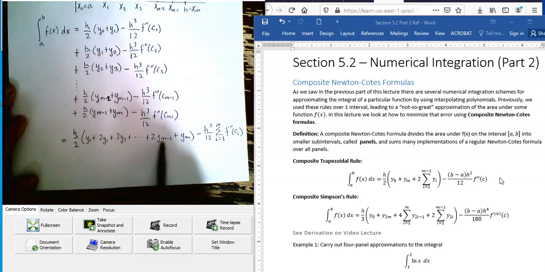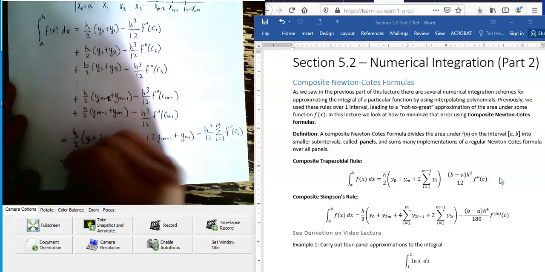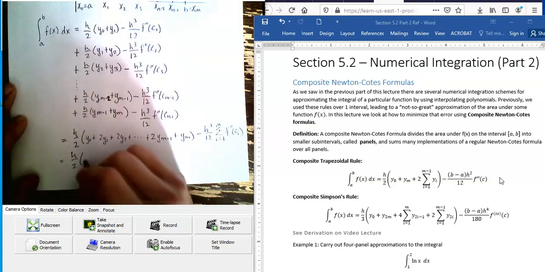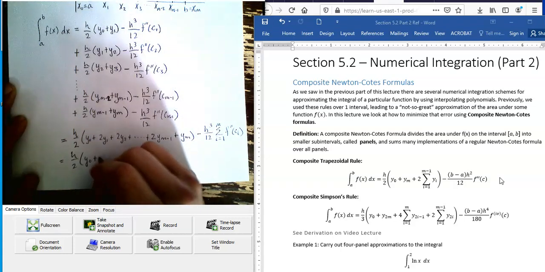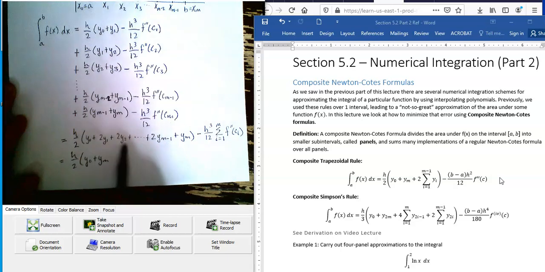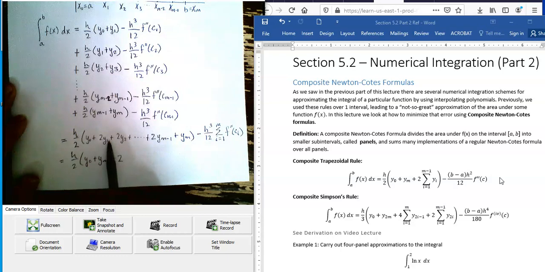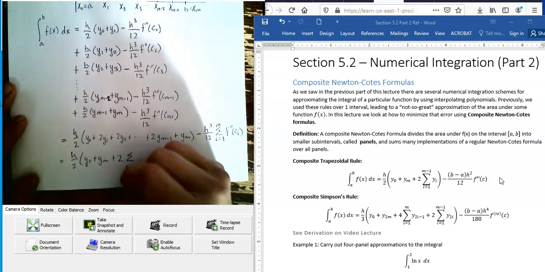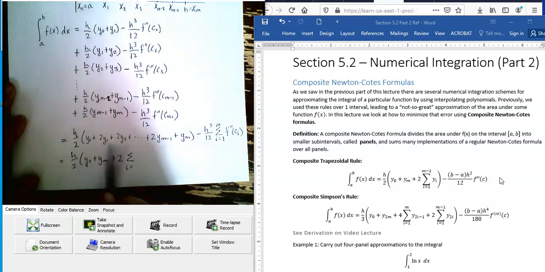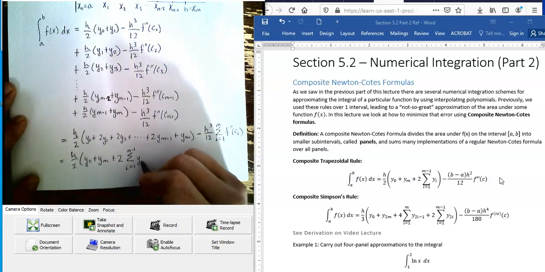All right, if we notice here, we have some commonality in the center terms, right? So we only have one y naught and one y m. So we can rewrite this like this. I'm going to put my y naught here, I'm going to take my y m, put him over top here. And then all the center ones are multiplied by 2. So that would be 2 times the sum of all of those y's, sigma i goes from 1 to m minus 1 of y i.